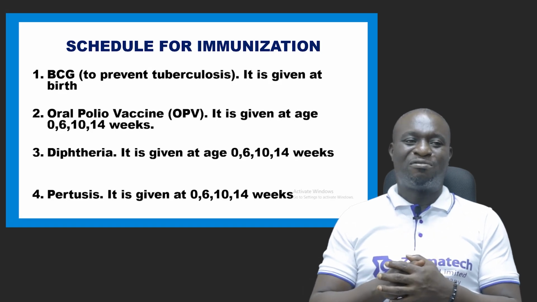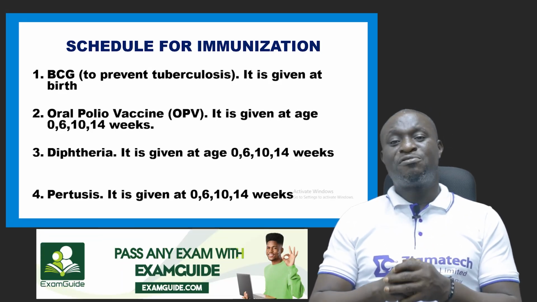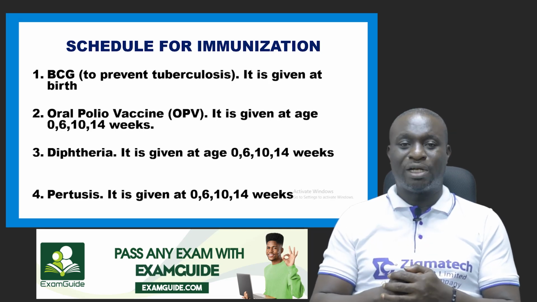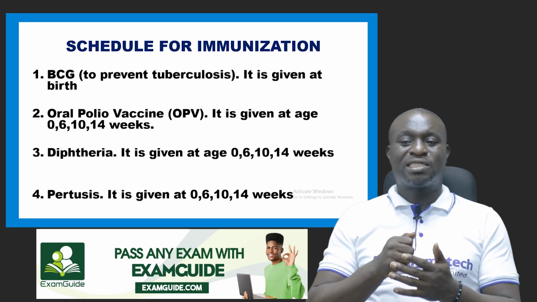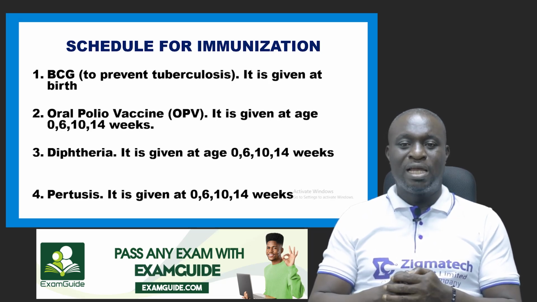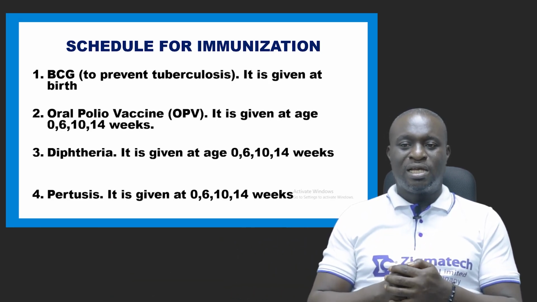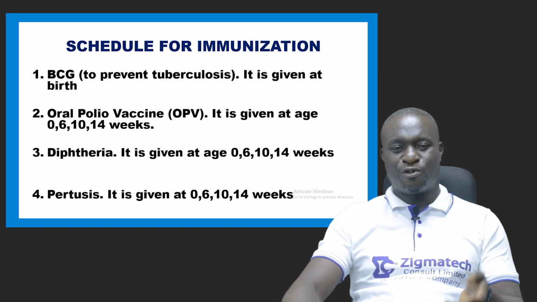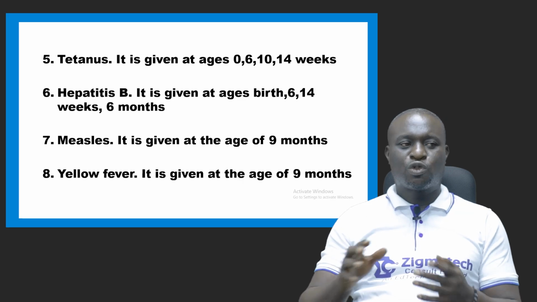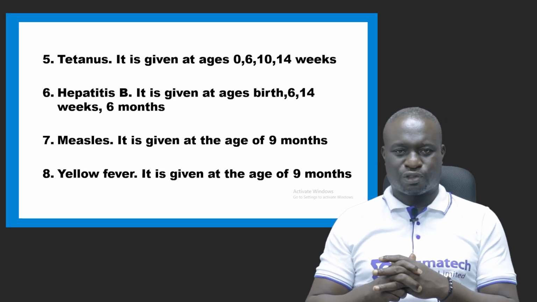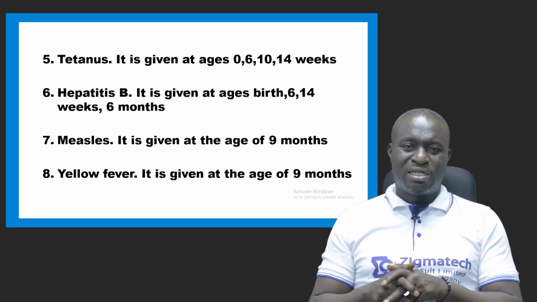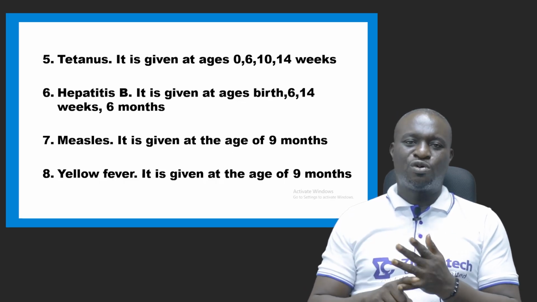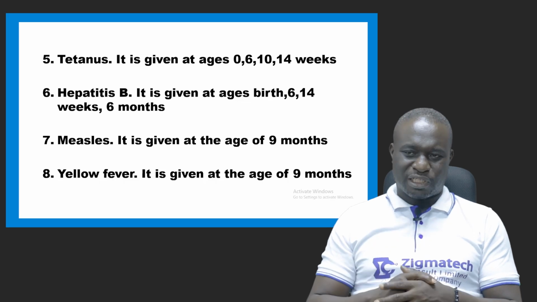Number 3, we have diphtheria. Diphtheria is another vaccine that is administered to children at 0, 6, 10, and 14 weeks, just the same way. And we also have the pertussis. It is also given to children at 0, 6, 10, and 14 weeks. We also have the tetanus vaccine, given to children at the ages of 0, 6, 10, and 14 weeks.